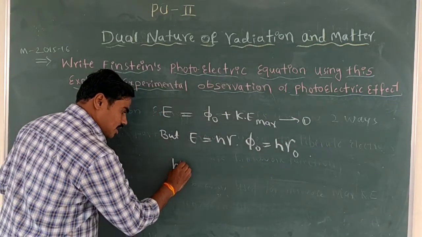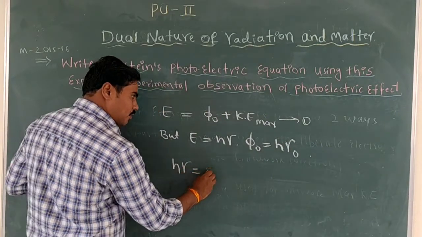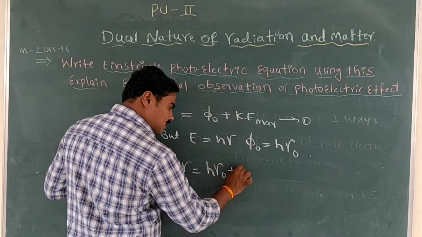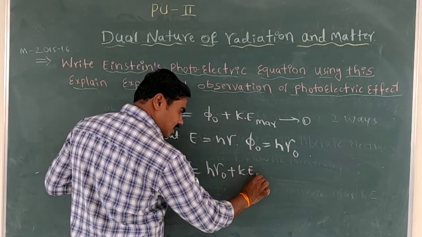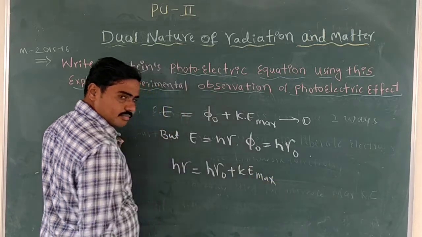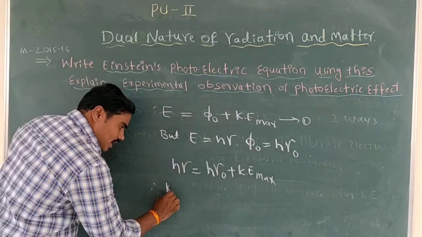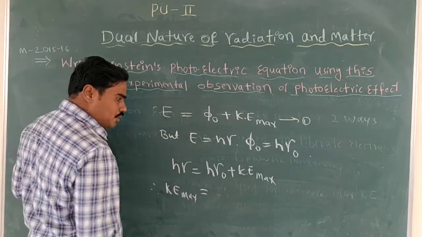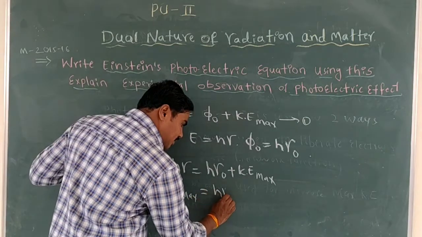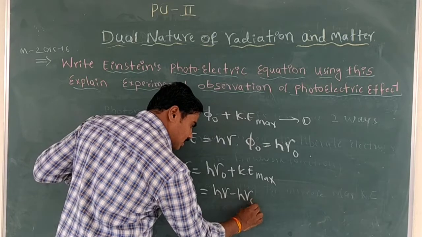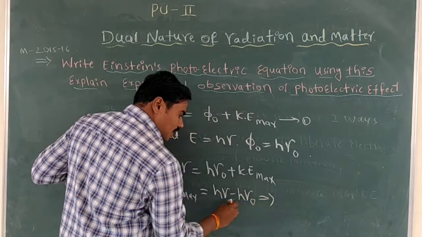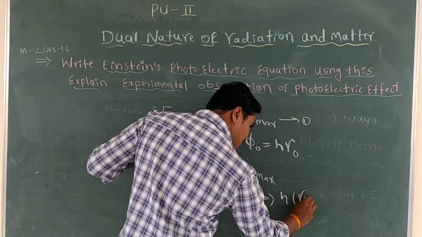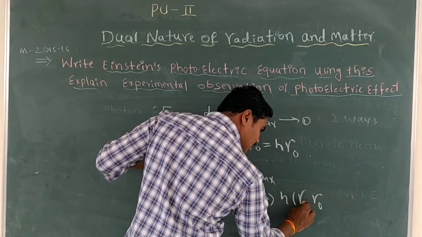h nu is equal to h nu naught plus kinetic energy maximum. Therefore, kinetic energy maximum is equal to h nu minus h nu naught, which is h times nu minus nu naught.